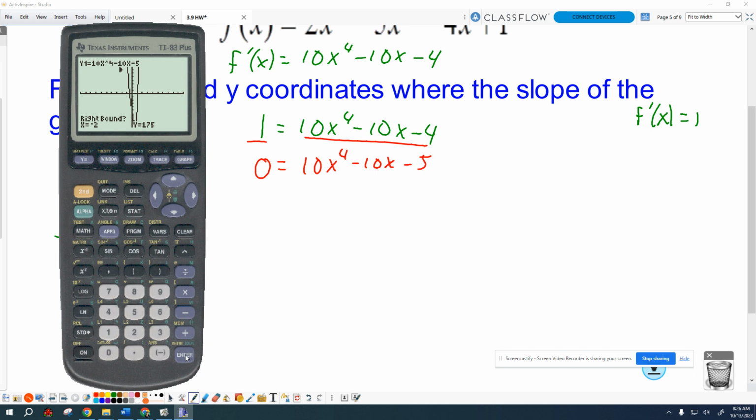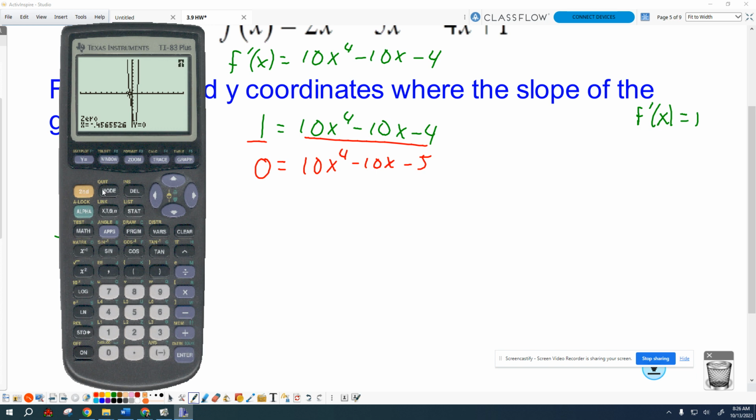And now there's that little arrow thing saying, am I to the left of that? Yeah. And I'm going to type in 0. And now there are these little sandwich bars, and it's asking, should I guess? Is that where it crosses? Yes, it does. So say guess by hitting enter. And right there I have a value.